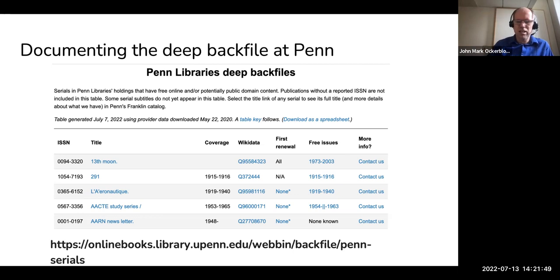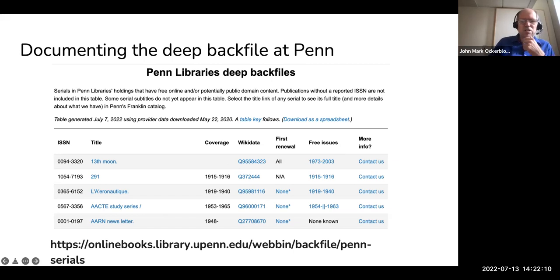And in many cases, we have information not only about copyrights or when their first renewal was, which you see in one of the columns here, but also information on free issues, some of which are available on HathiTrust, some of which are available from other sources as well. We also have links to other sources of information such as Wikidata.